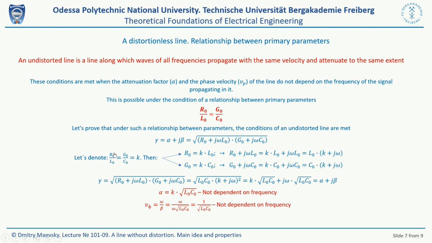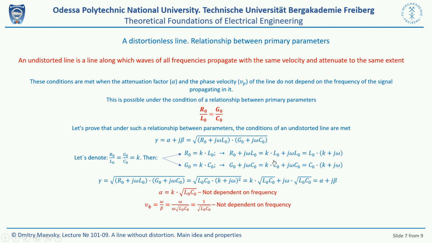Let's denote each of these relationships with the letter K. This allows us to express the resistance and conductance of the line in terms of its inductance and its capacitance, as shown here.